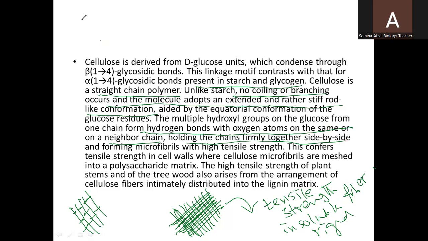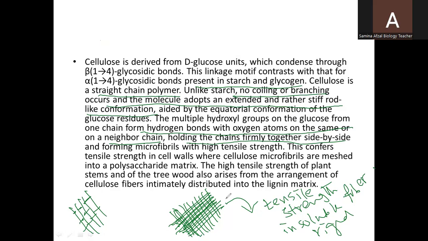It cannot be easily broken down. So this confers tensile strength in cell walls, where cellulose microfibrils are meshed into a polysaccharide matrix. The high tensile strength of plant stems and of true wood also arises from the arrangement of cellulose fibers intimately distributed in the lignin matrix.